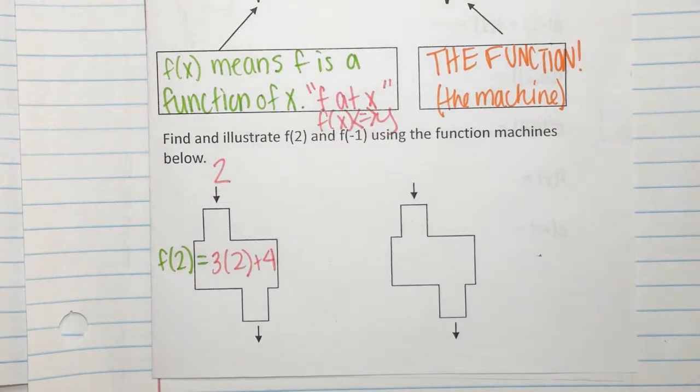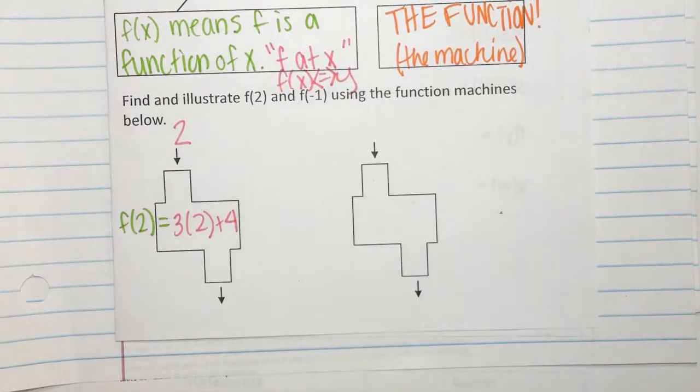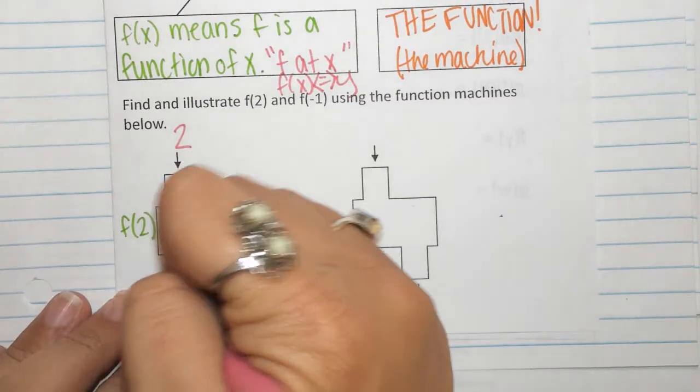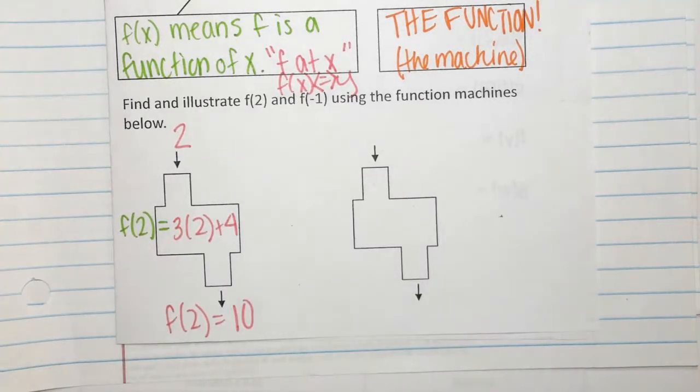Do you see how I replaced the x with the 2? Isn't it magic? And remember, we're still using the same machine from up here. What is 3 times 2? 6. And what is 6 plus 4? So f at 2 equals what? 10. That's all you do.